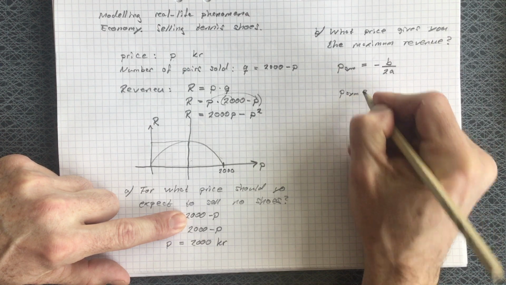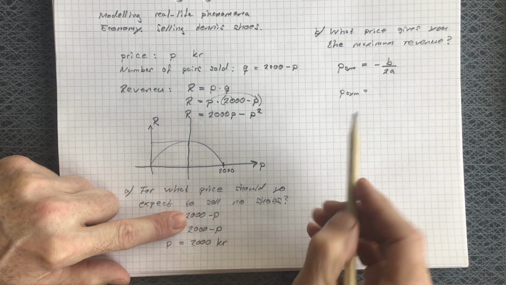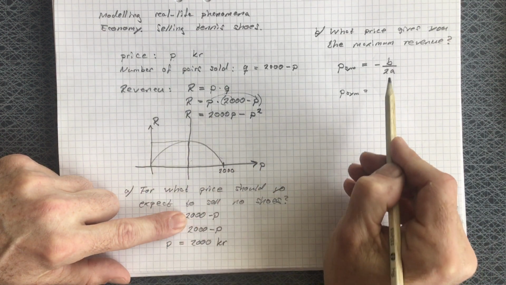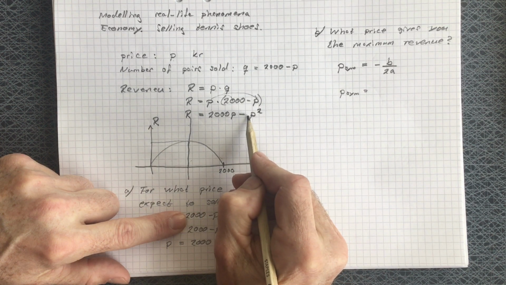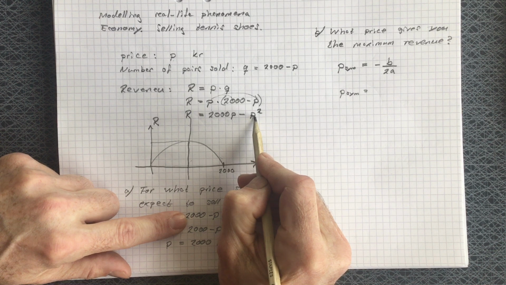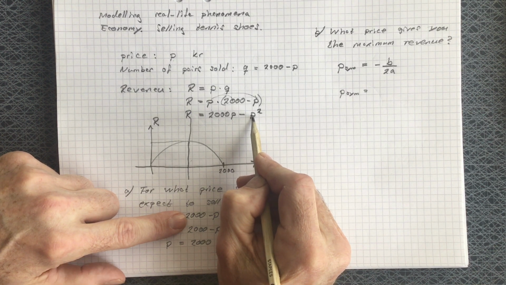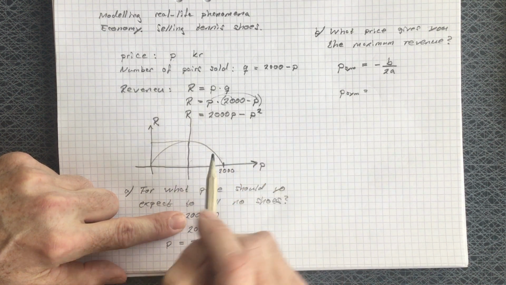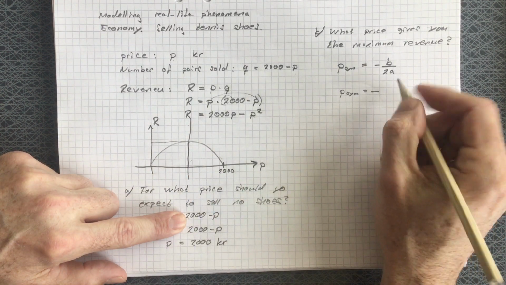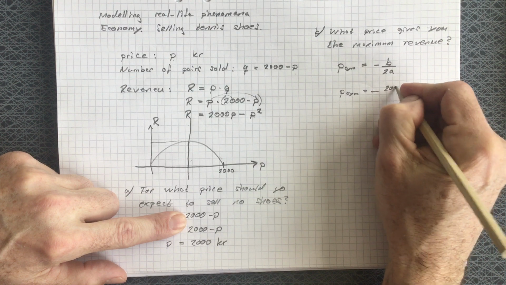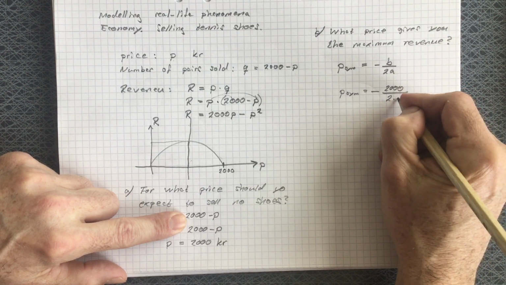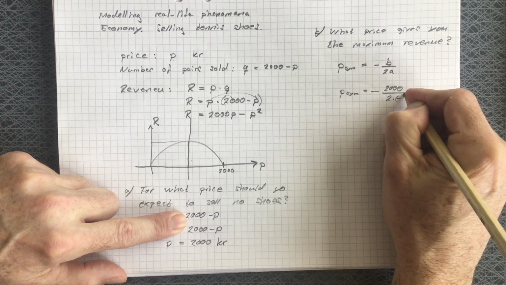So in this case, B is the constant 2000, and A is the constant before the squared independent variable, and that is P here. So minus B is 2000, and I divide it by 2 times A, and A is negative 1.